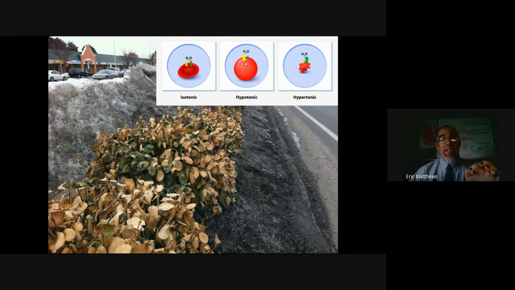The plant has less water, or the plant has more water when you surround it with salty water? Well, it has less. This is a hypertonic environment. And so it pulls the moisture out of those plants, killing them.